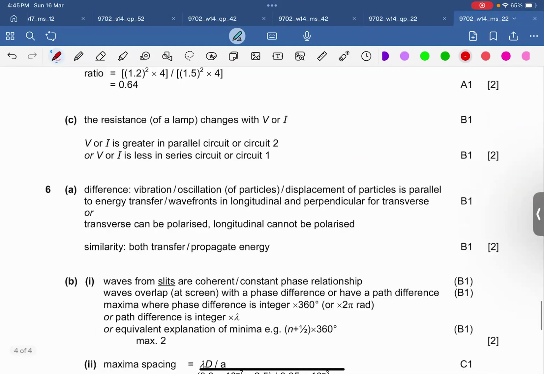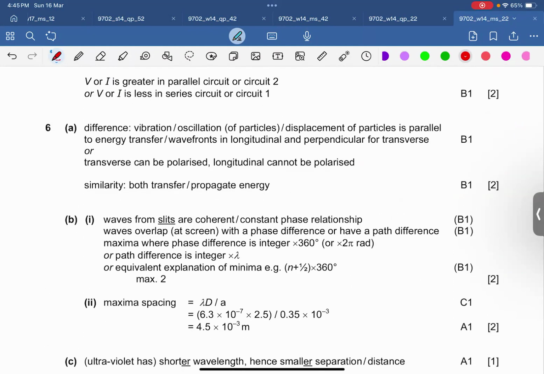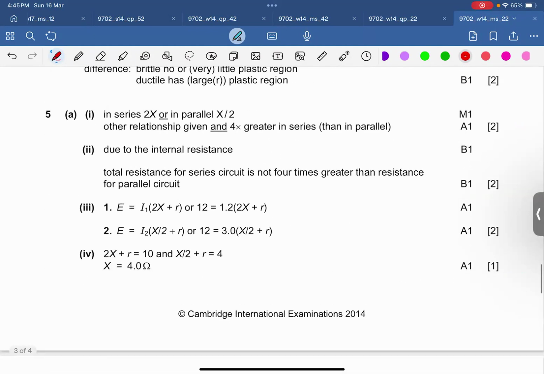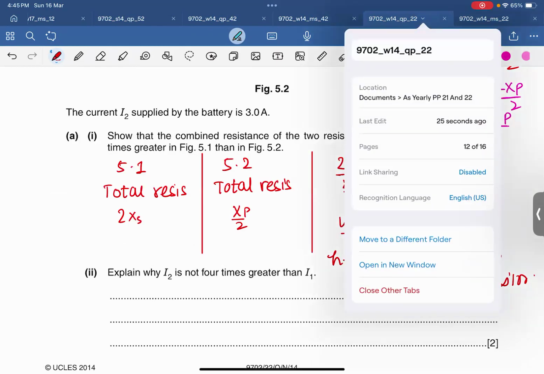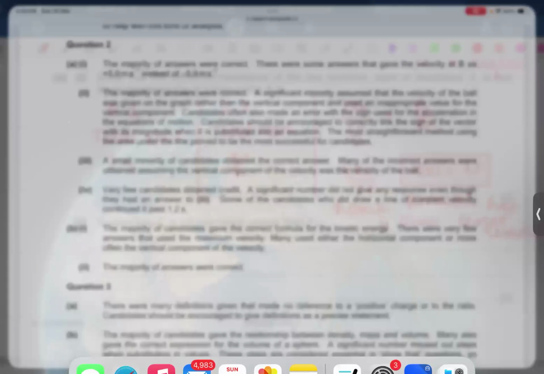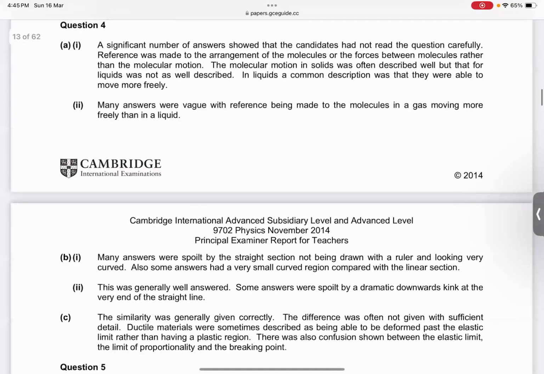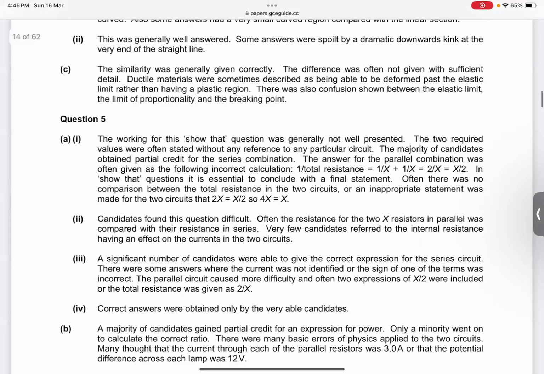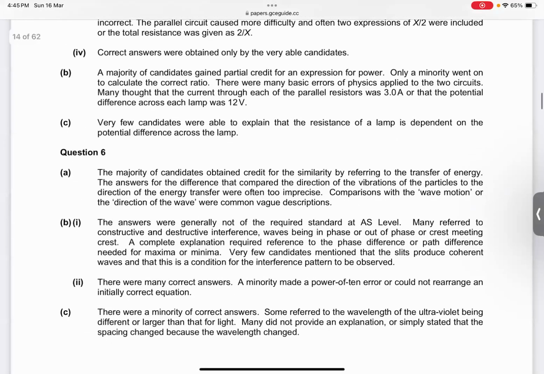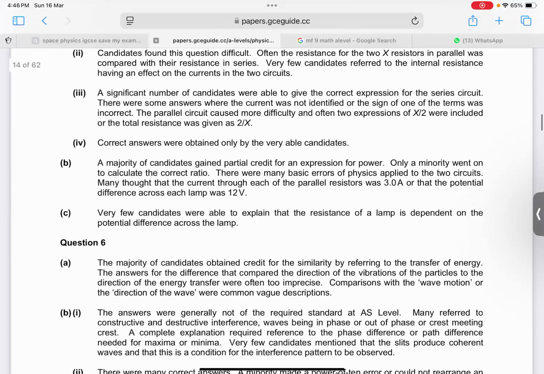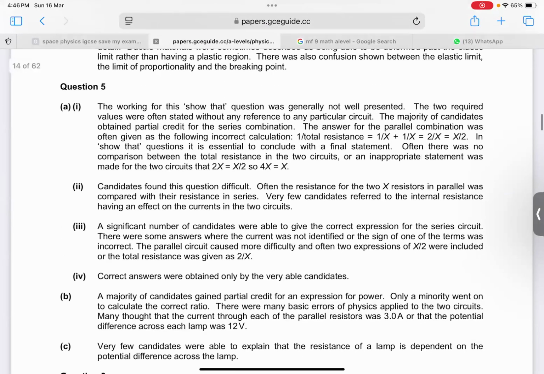They're not showing any calculation. So the majority of candidates were credited, similarly by referring to the transfer of the energy. The answer for 5 is this. The working for this show that question was generally not well presented.